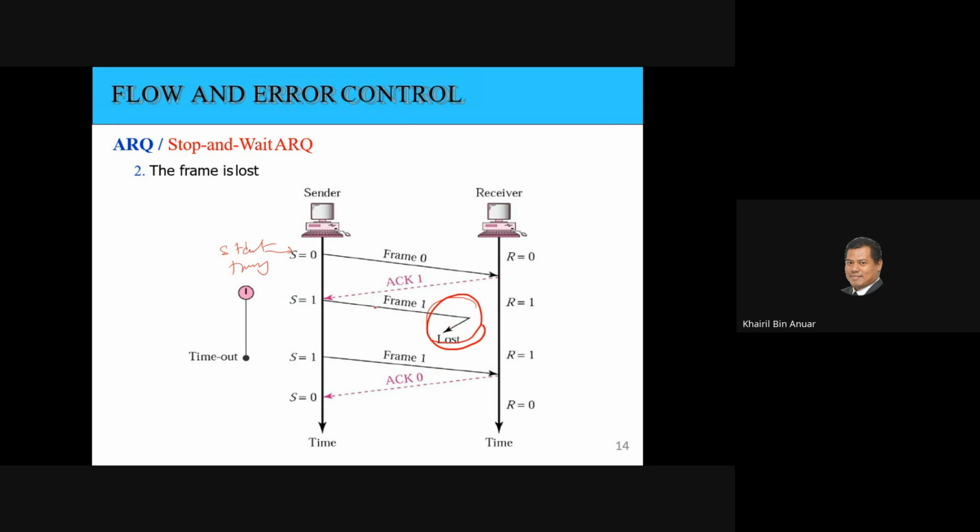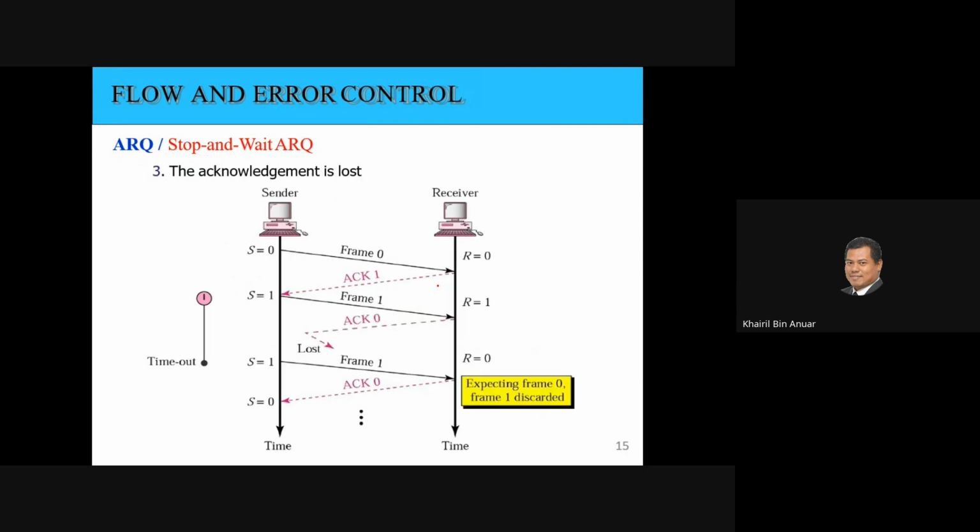So basically, the sender doesn't know whether the frame was lost in transmission or it's an acknowledgement problem or whatsoever. But after some time it doesn't receive the acknowledgement, which is the next one, acknowledgement 0, so it will resend it back. So it resends and receives the acknowledgement, then you can send the next frame. So this is when the frame is lost.